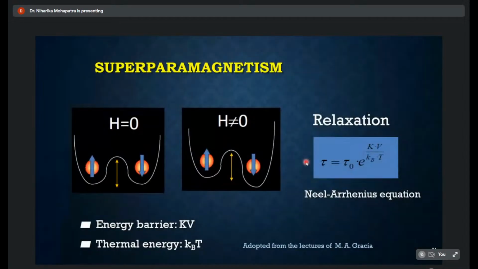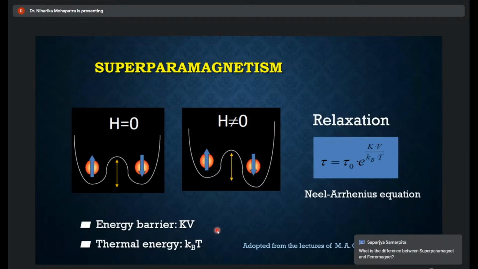So look at this particular curve. At a particular size, you will have some thermal energy, and this has certain exchange energy. The thermal energy actually exceeds the anisotropy energy. When it exceeds, then anisotropy is not able to create any domains.